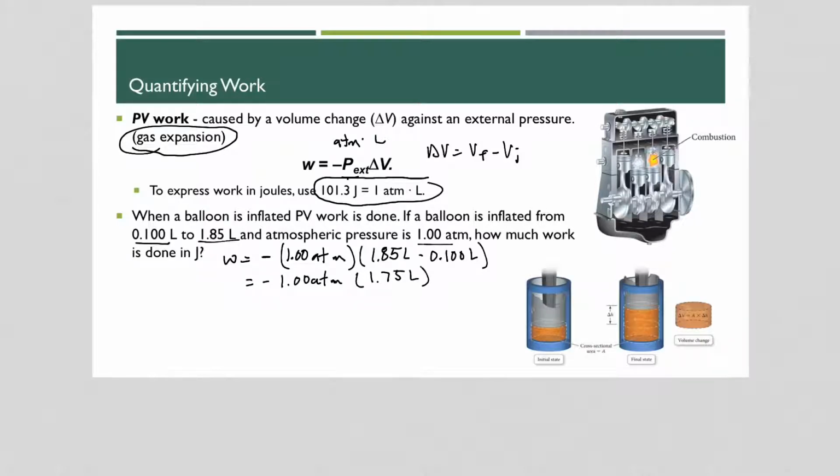So this is not too hard here. Work is going to be equal to negative 1.75 liter atmospheres.